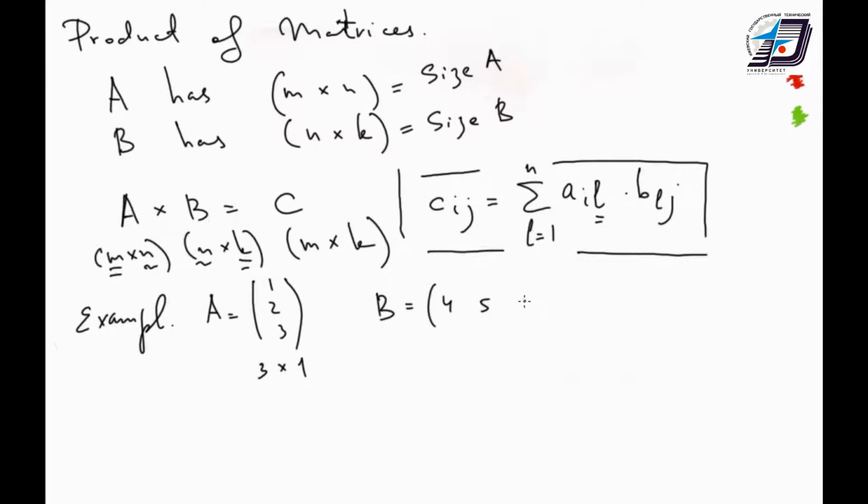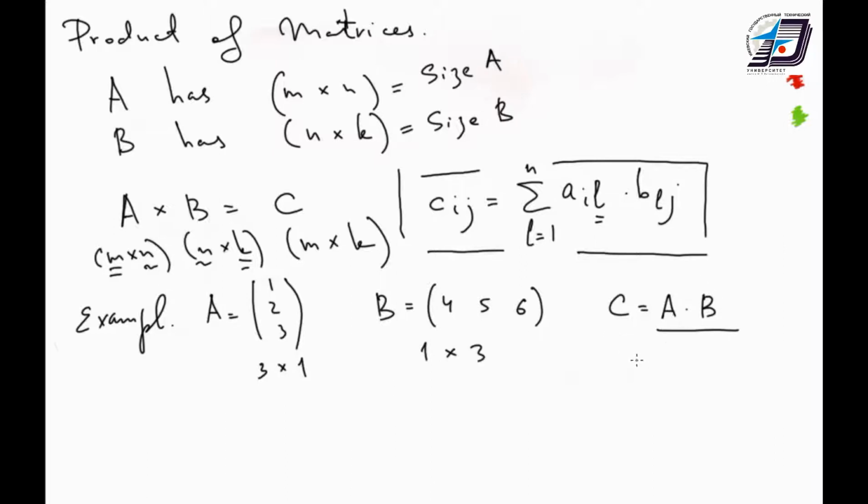So A is a column matrix, B is a row matrix. You can notice that this matrix is 1 by 3, 1 row, 3 columns. According to this rule, matrix C is the product A times B.